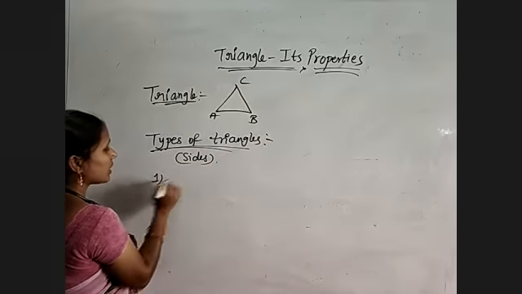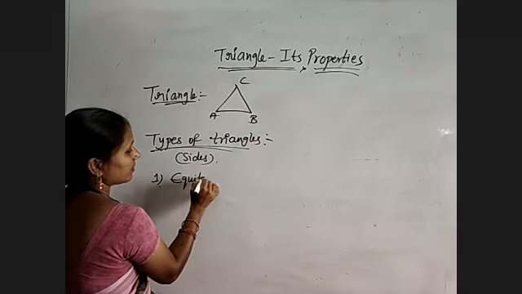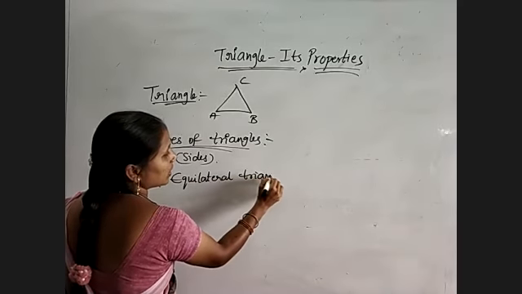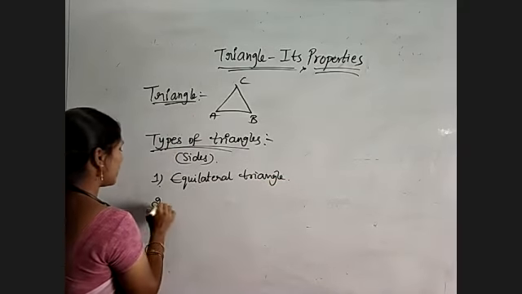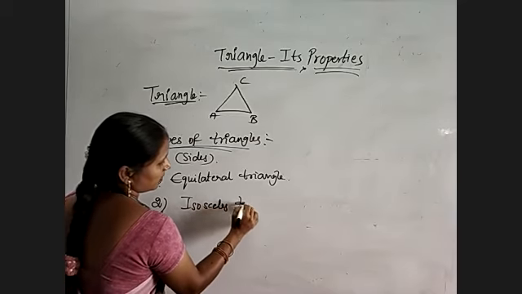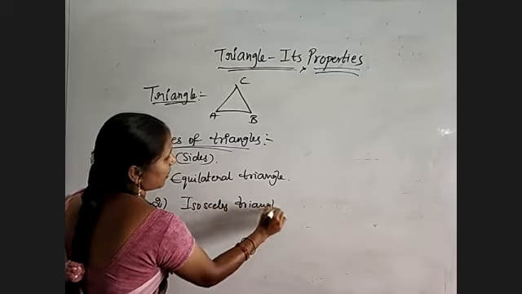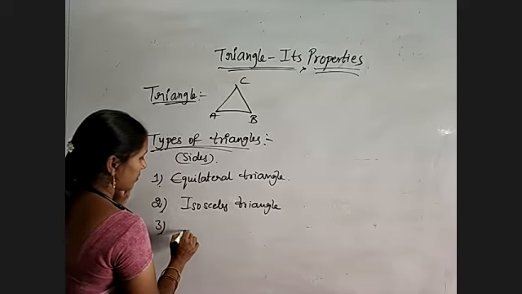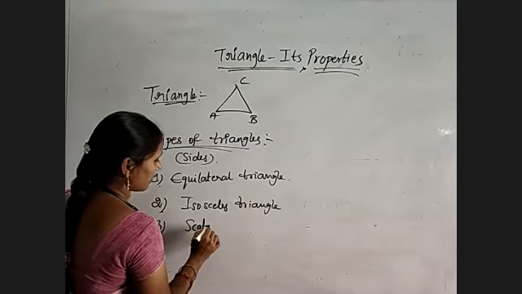First one is the equilateral triangle. And the second one is the isosceles triangle. And the third one is the scalene triangle.